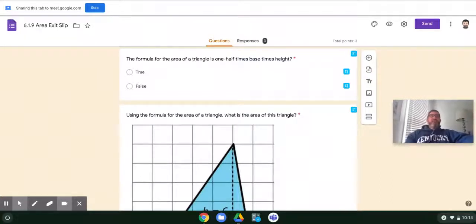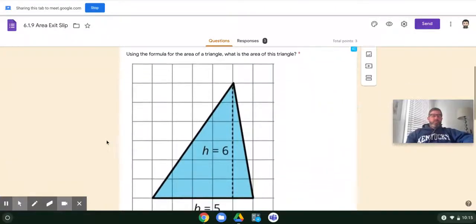So to find the area of a triangle, we can use the formula base times height divided by 2, or sometimes you'll see it written as 1/2 times base times height. But whichever one's easiest for you is the one you can use. A lot of people use base times height divided by 2, especially when we're using calculators. It's just easier to type in.